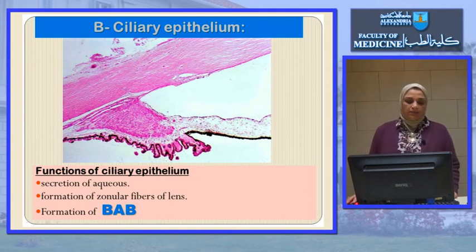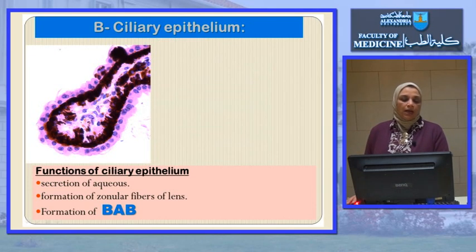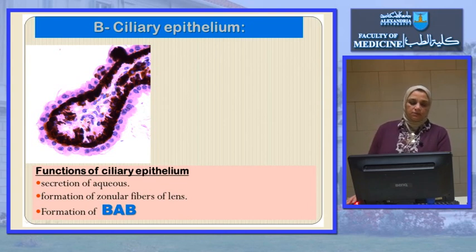This is called the blood-aqueous barrier. So these are the three functions of the ciliary epithelium. This is the ciliary epithelium, inner non-pigmented and outer pigmented, resting on the stroma. This non-pigmented layer is responsible for the blood-aqueous barrier by tight junctions between the apices of these cells.